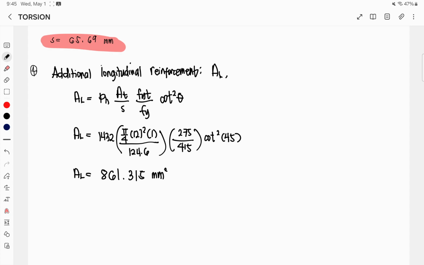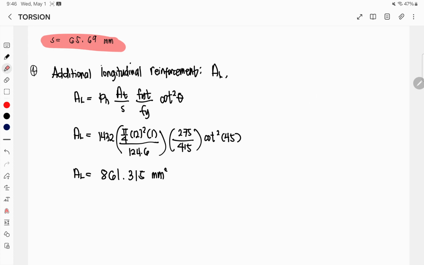By the way, to type for this cotangent 45 degrees, you can input in your calculator na 1 over tangent, tapos maglalagay siya dyan ng parenthesis, automatic. Matatanong yan ng angle. So you can just put 45 degrees, tapos maglagay ka ng squared dito. So it is equivalent to cotangent squared 45. Okay? So yung cotangent is equivalent to 1 over tangent. So, squared nyo lang. Okay na yan.